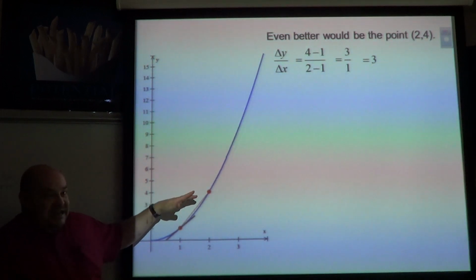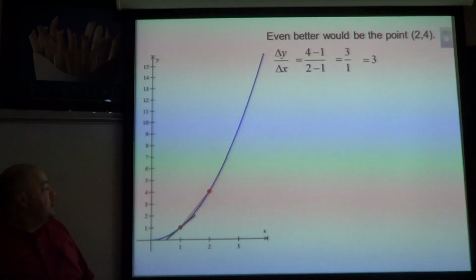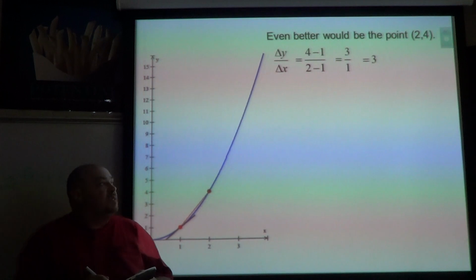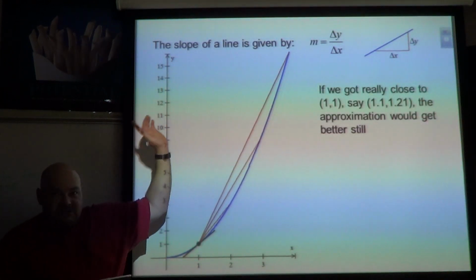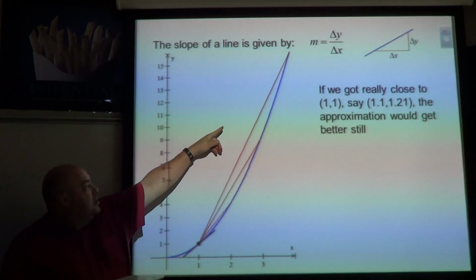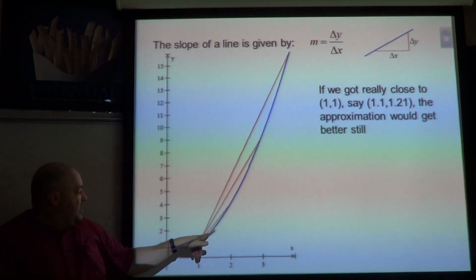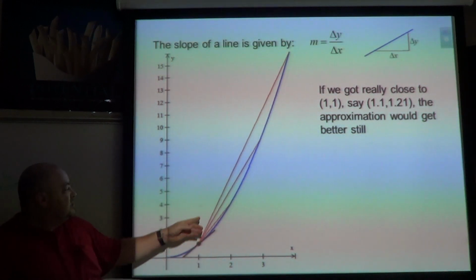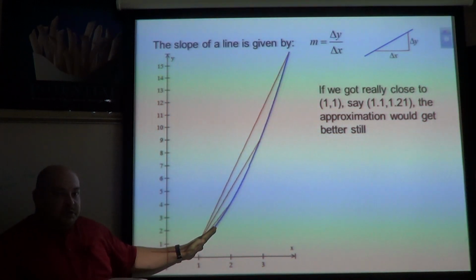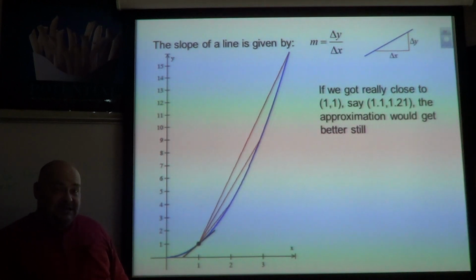But we're using secants, and we're getting closer and closer and closer. So as we got our second point there with our secant line closer and closer down here to this point right here, what do we notice about our slopes?